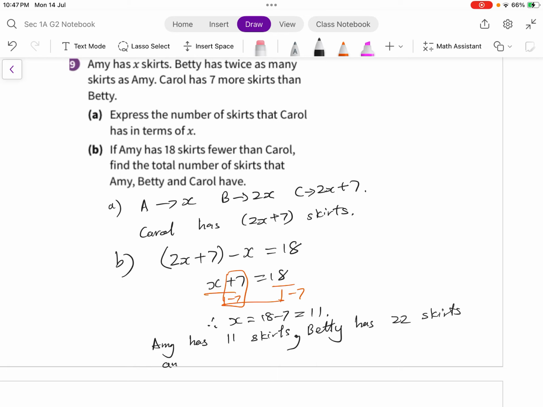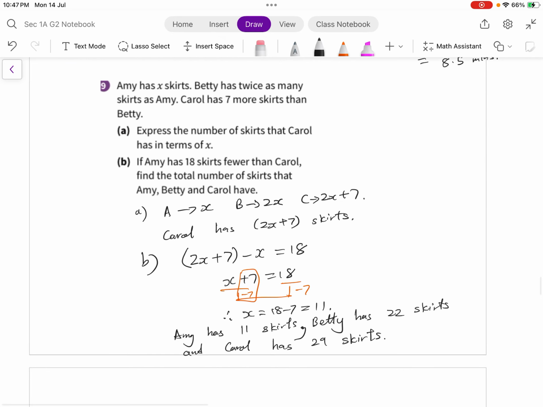And Carol has 22 plus 7, which is 29 skirts. Okay, quite simple, these two questions. Okay, let's move on.